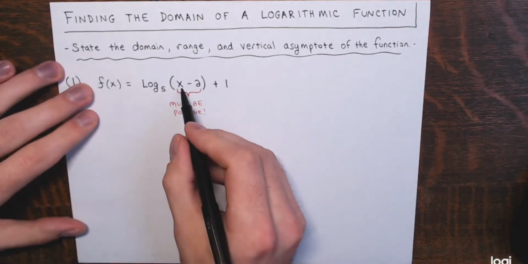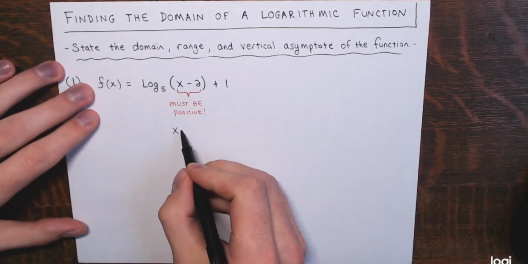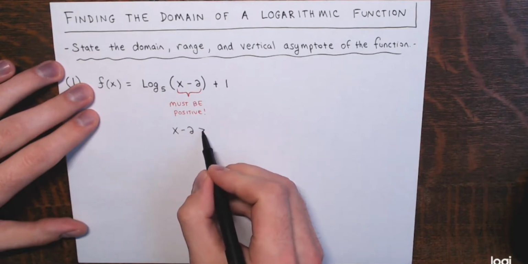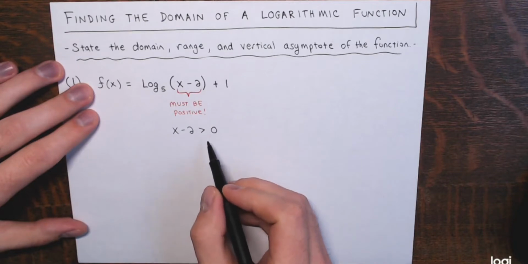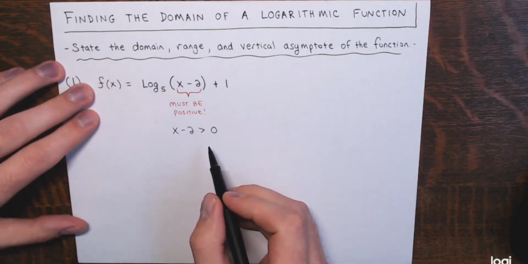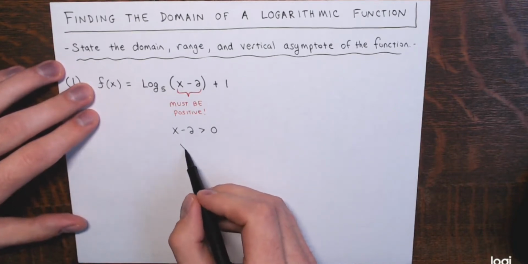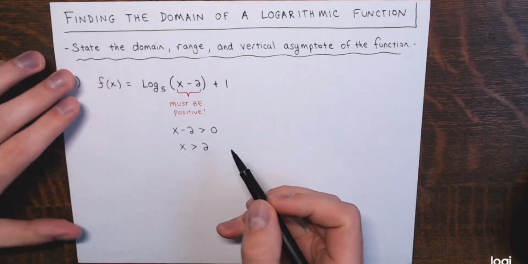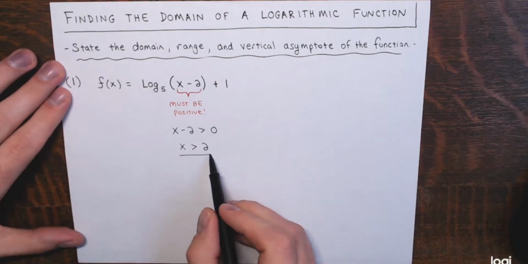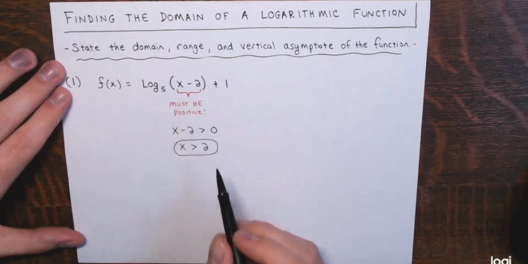So x minus 2 must be greater than 0. And then I solve this for x, to determine what values of x I can actually plug in. We'll just be adding 2 to both sides. x must be greater than 2. There's a description of all the numbers you can plug in. Only numbers greater than 2.